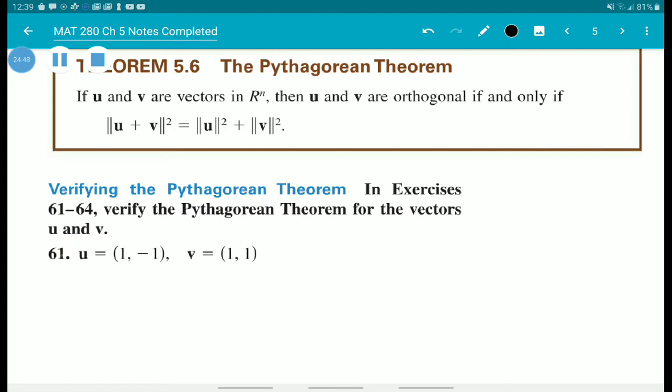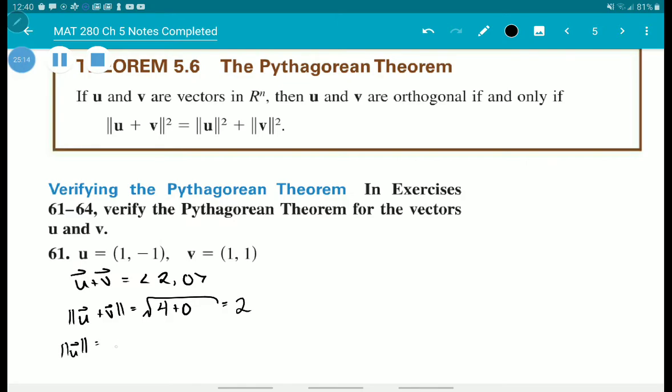So let's just verify that holds for 61. So I'm going to find u plus v, which is 2, 0. So the magnitude of u plus v is equal to the square root of 2 squared plus 0 squared. The magnitude of u is the square root of 2. And the magnitude of v is also the square root of 2. So the Pythagorean theorem says this.